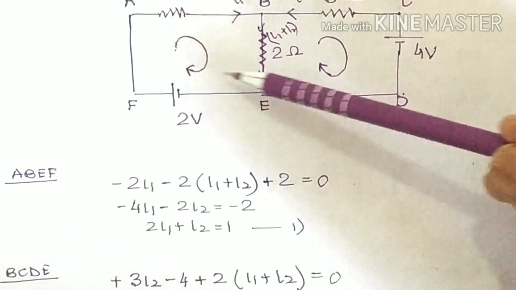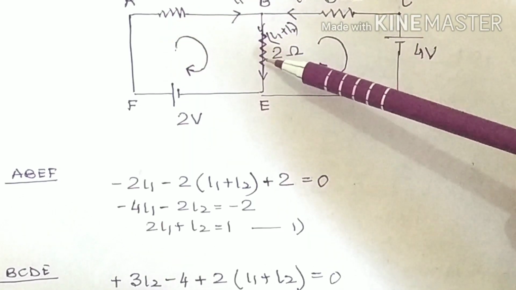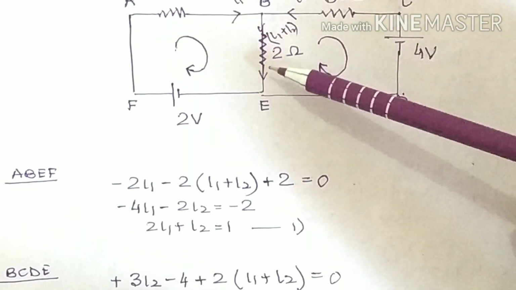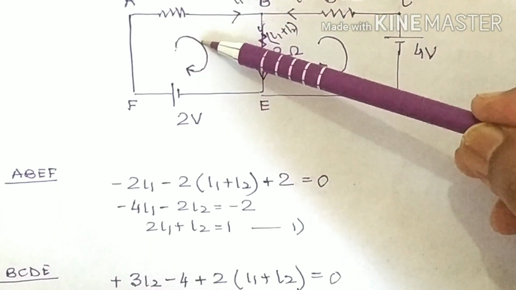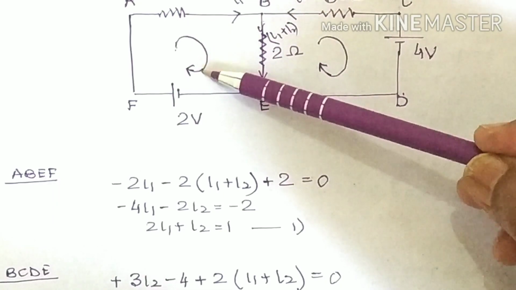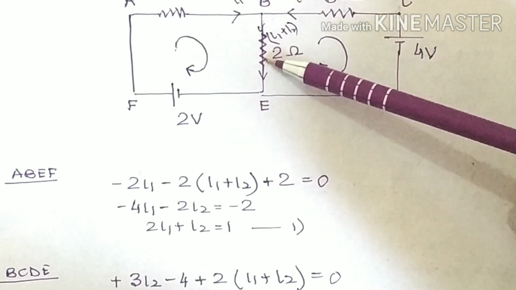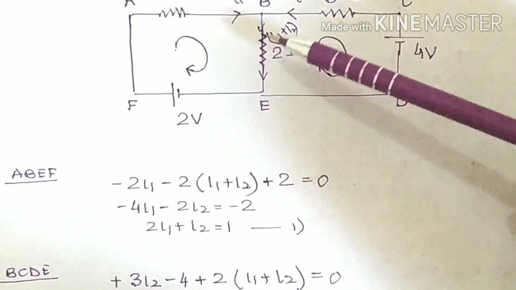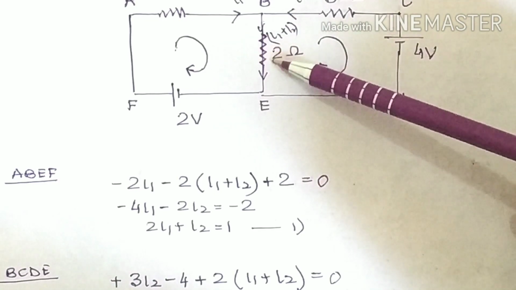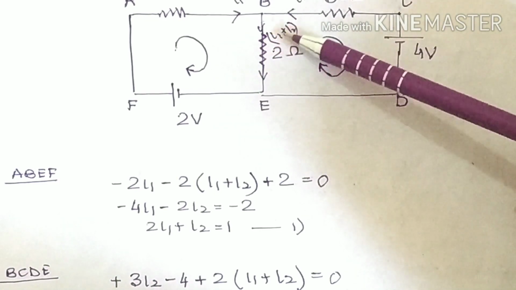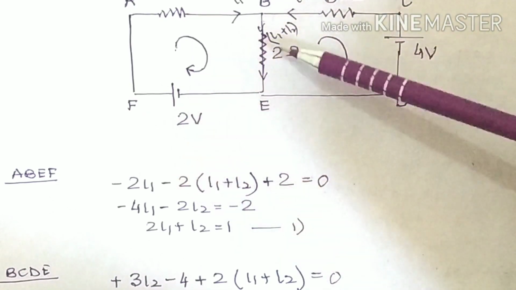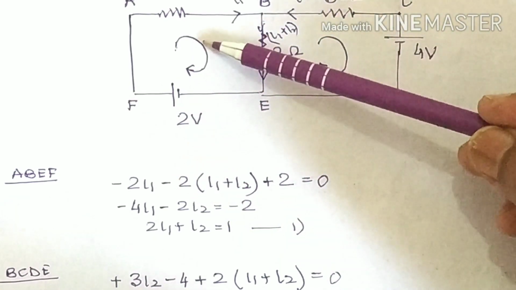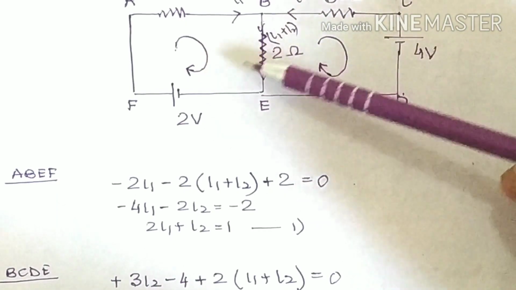Now, in this loop, this is also a resistance. The direction of current and the direction of your motion are in the same direction, so negative potential: minus 2(I1 plus I2), because the direction of current and the direction of your motion are in the same direction.